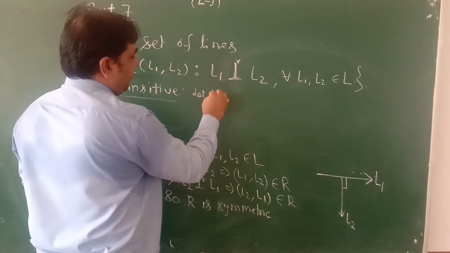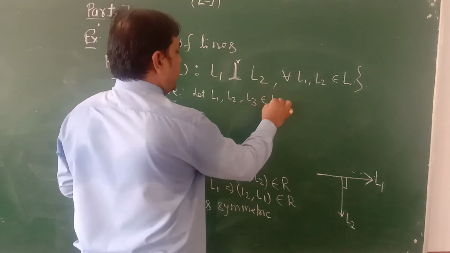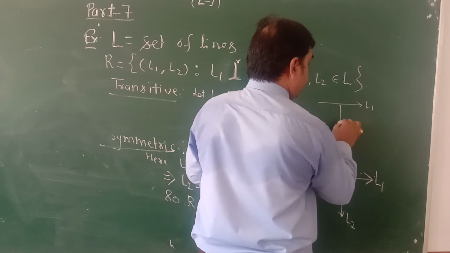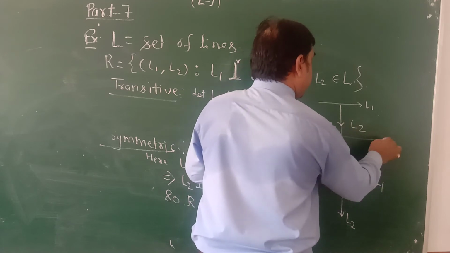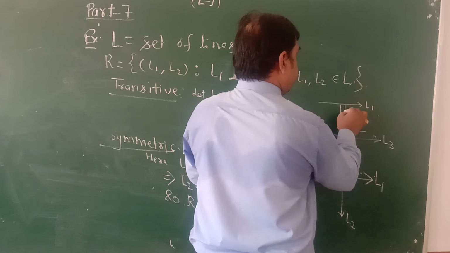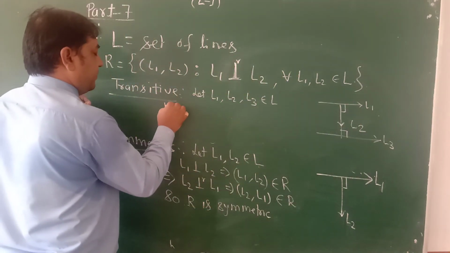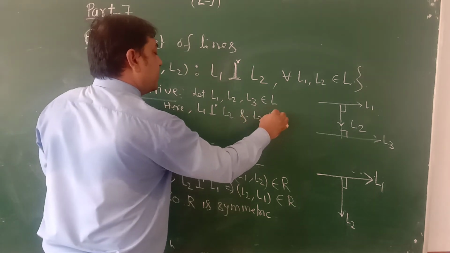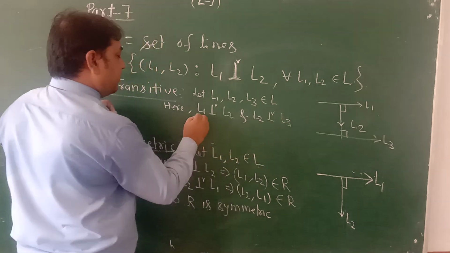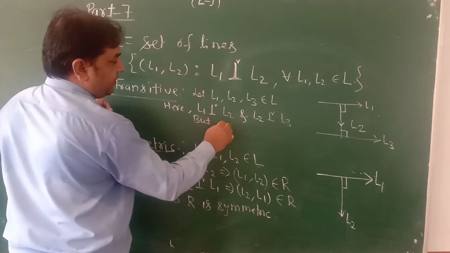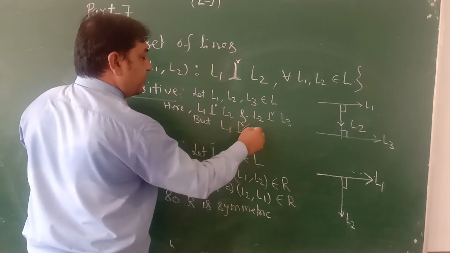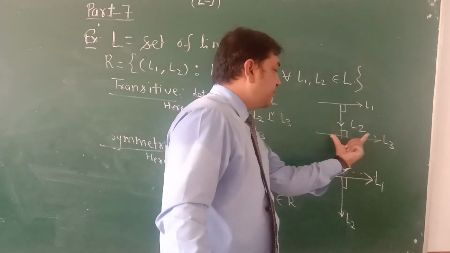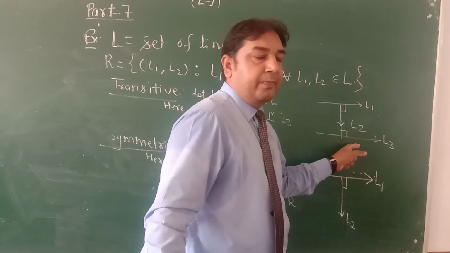Let L1, L2, L3 belong to L. See over here, L1 is perpendicular to L2 and L2 is perpendicular to L3, but L1 is not perpendicular to L3. By figure you can see L1 is perpendicular to L2 and L2 is perpendicular to L3, but L1 and L3 are parallel, not perpendicular.